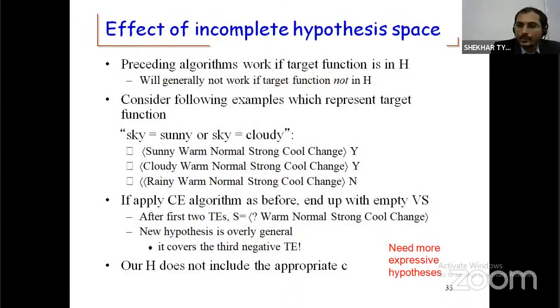The effect of an incomplete hypothesis space is very negative, because whenever a particular training space is not provided with a genuine set of hypothesis data values, it may result in negative training sets. The first thing is that it will affect the consistency.